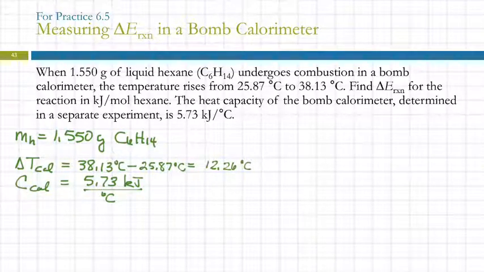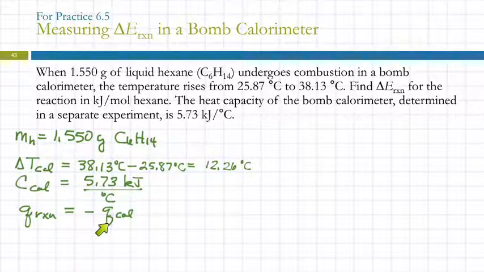So what we know is that the heat of the reaction has to be equal but opposite in sign to the heat of the calorimeter. The outside of the calorimeter is insulated and there's not any transfer of energy. So whatever heat is given off by burning this hexane goes into the water and heats it up.